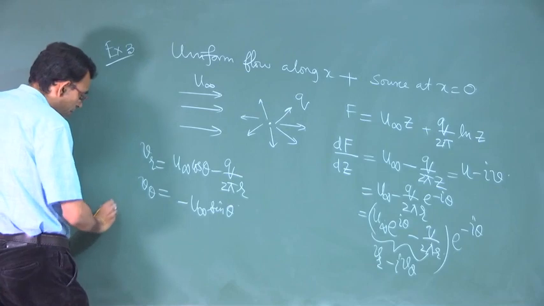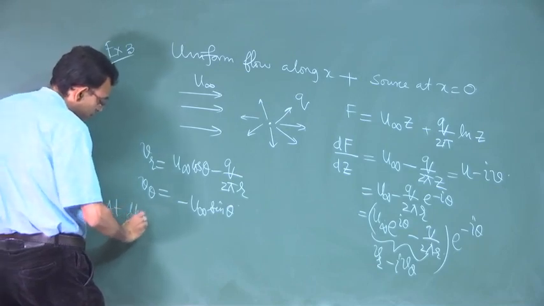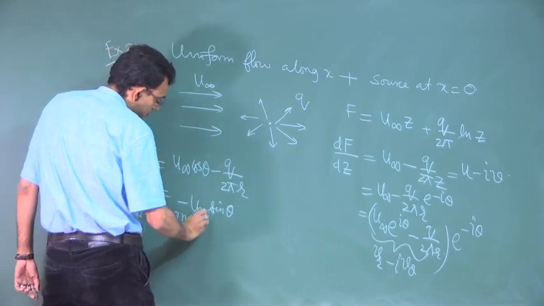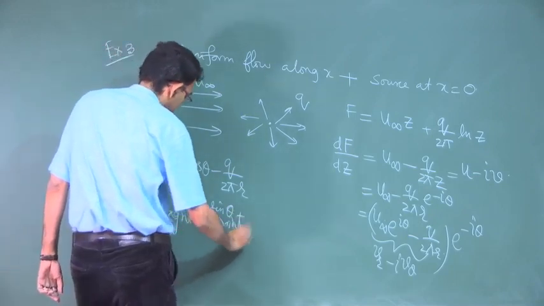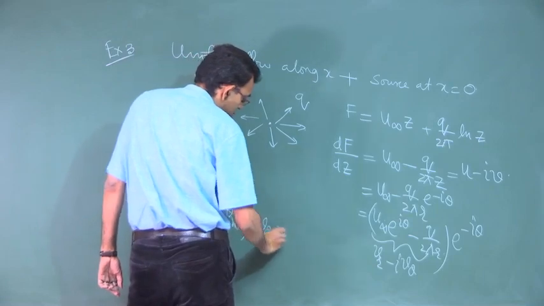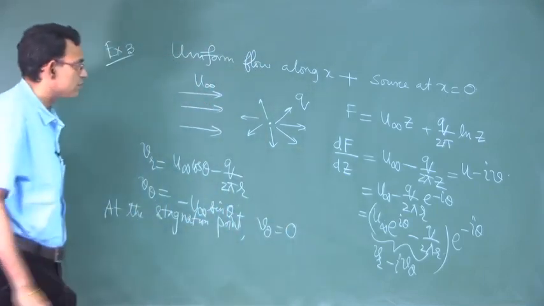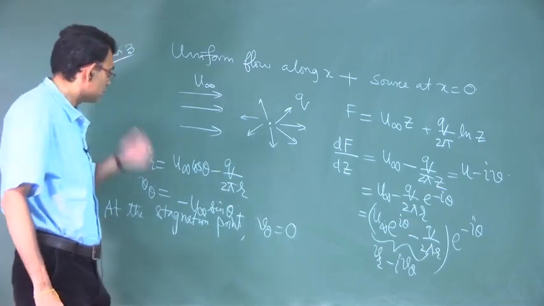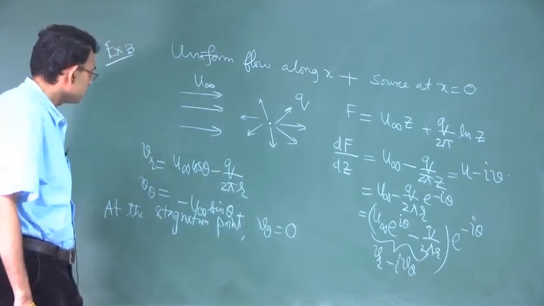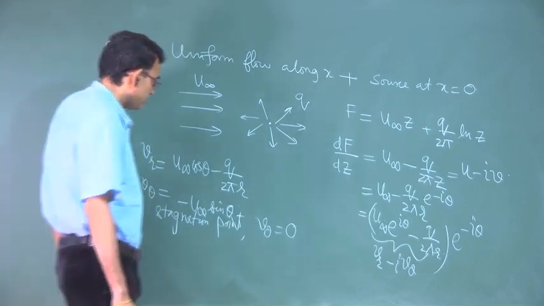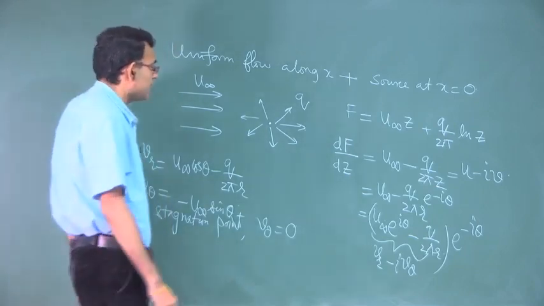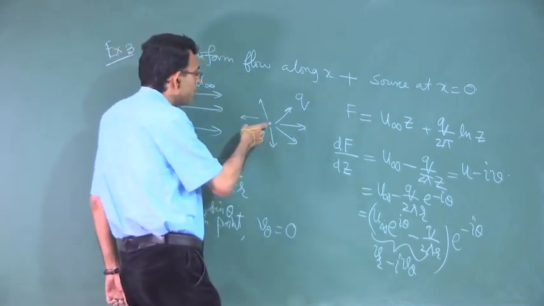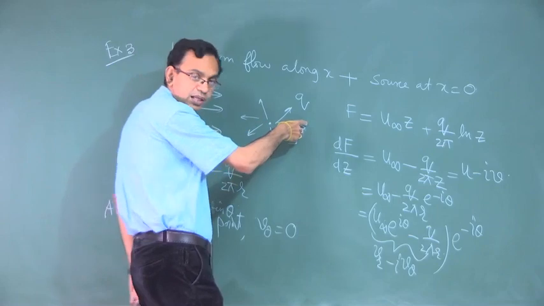So, at the stagnation point you have V theta equal to 0, so a plausible stagnation point from the physical point of view. So, where will it be located? It cannot be located on the right side.